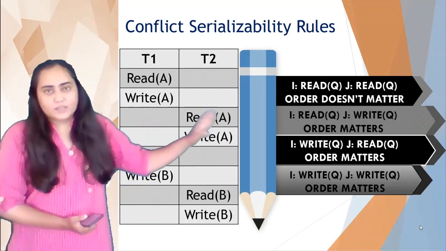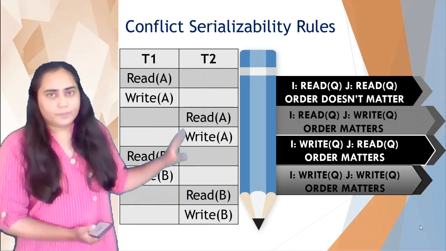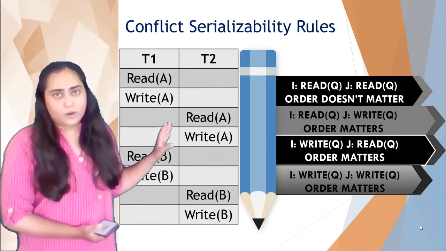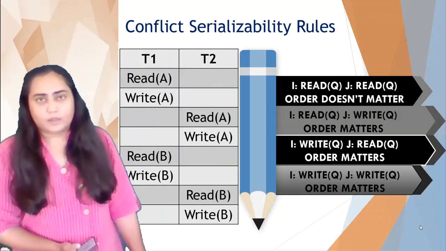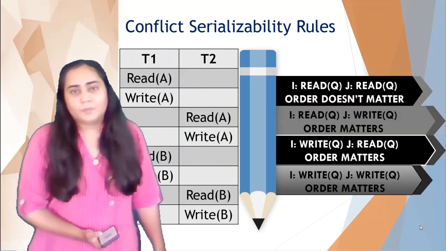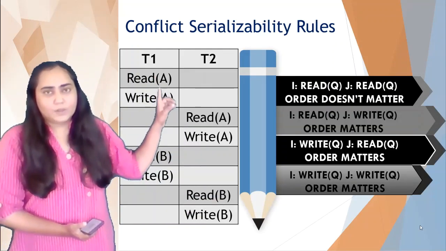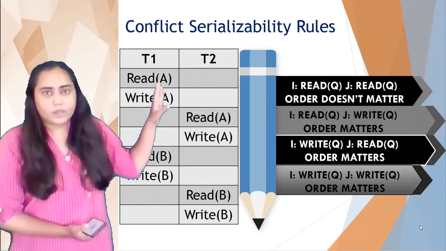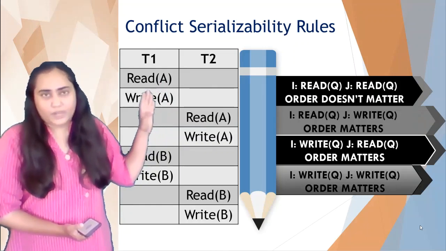Now, using these four rules that we have, I'm going to try to check if this schedule is serializable or not, if it is conflict serializable or not. That is our topic, conflict serializability. So let us see. First of all, I'm going to compare this read A operation with the operation right after it.